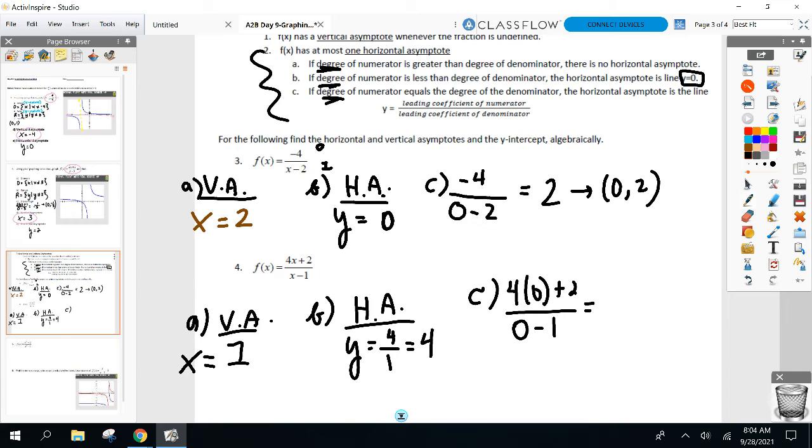Is there like an error? What do you plug in your calculator? Every time 0 plus 2 divided by 0. Are you putting in a fraction or are you just using the division symbol there? Oh, I put negative 1, sorry.